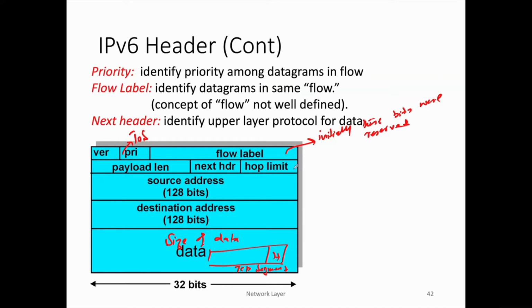And then we have this hop limit. This hop limit basically has a functionality similar to TTL. It's the other name of time to live, and we know the time to live field is there to make sure that a packet is not endlessly circulating inside a network, right? And then we have the 128-bit source address. So here the address is very large as compared to the 32-bit address of IP version 4.